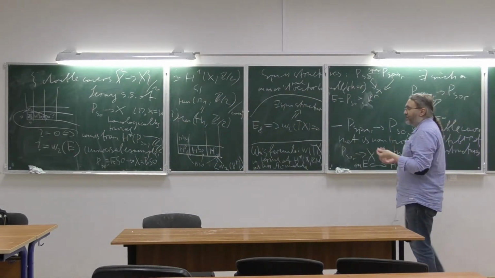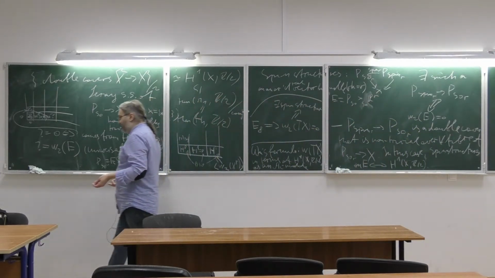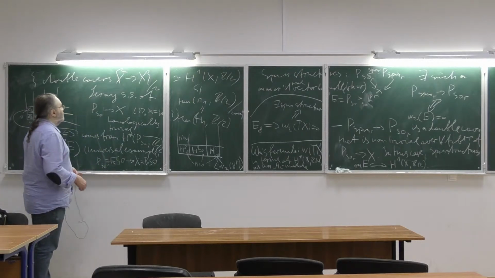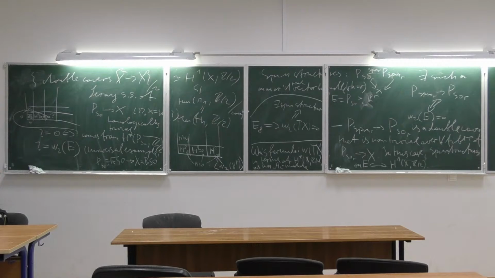There exists a spin structure if and only if the second Stiefel-Whitney class is 0, for every oriented vector bundle. Why?